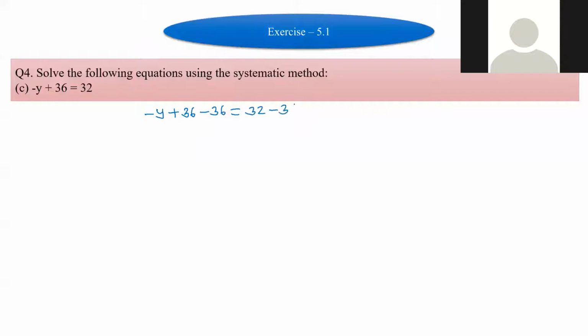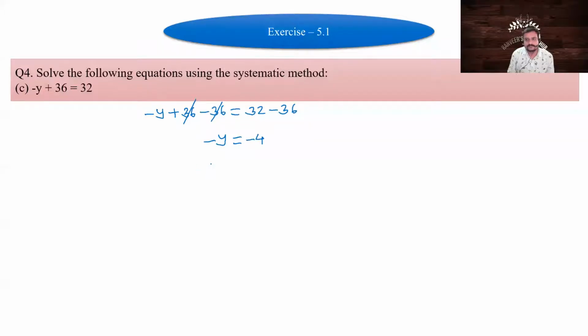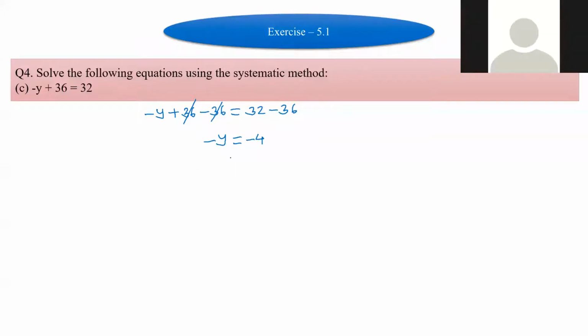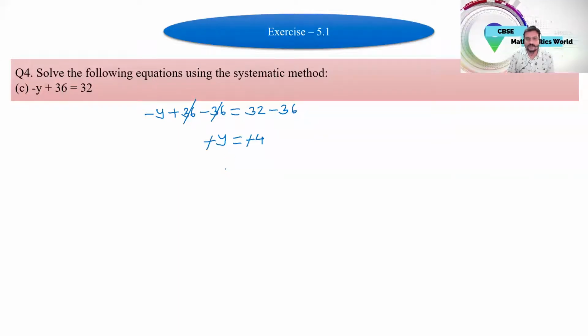So 36 will be cut. Then minus y is equal to minus 36 minus 4, so minus y will be minus 4. This minus minus will also get cancelled on both the sides. So y is equal to 4.